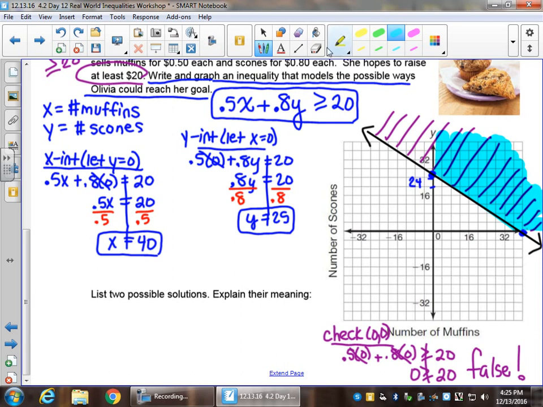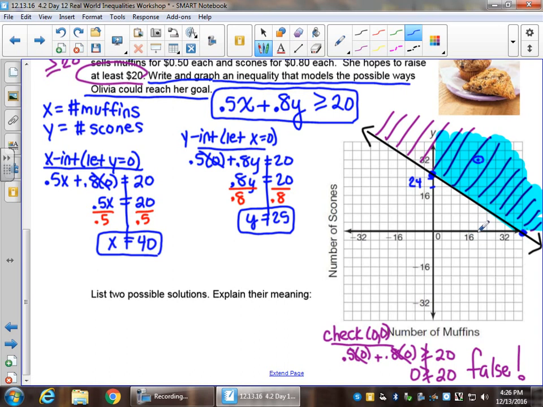Two possible answers. Once again, if you're just allowed to pick anything, I would clearly go with choosing something obviously in the middle. Like anything up here would be safe. So for example, I'll just randomly pick this point right here. That's 16.